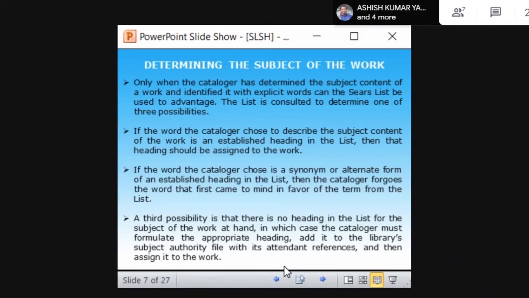In that case, if the word the cataloger chose is a synonym or an alternate form, for example patron, but the list has user available, the cataloger foregoes the word that came to mind in favor of the term from the list.